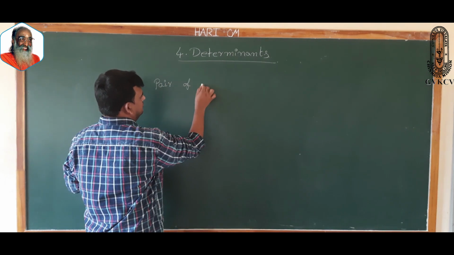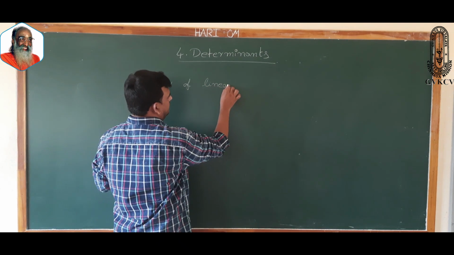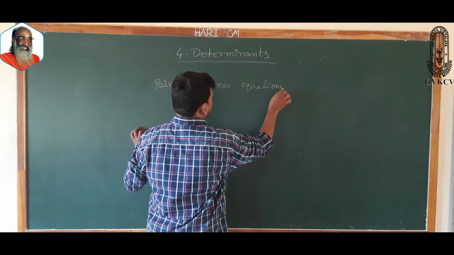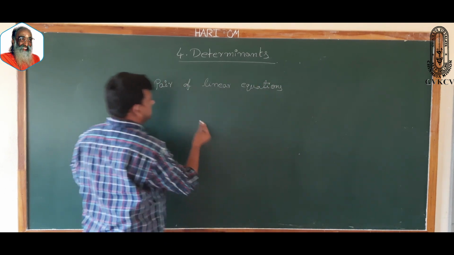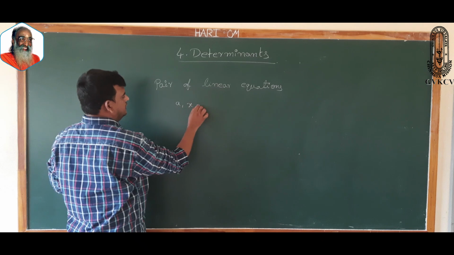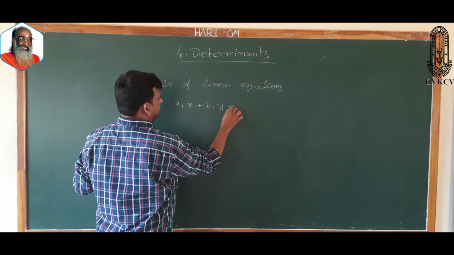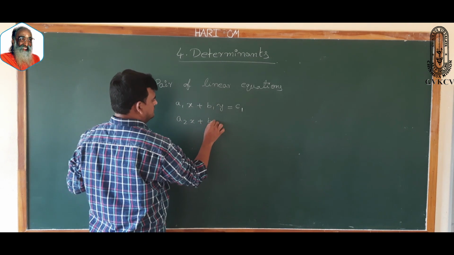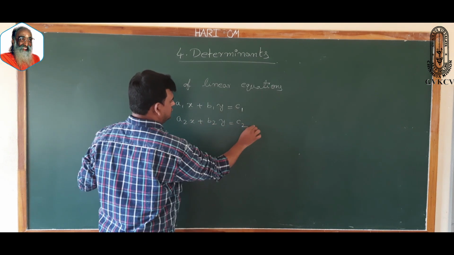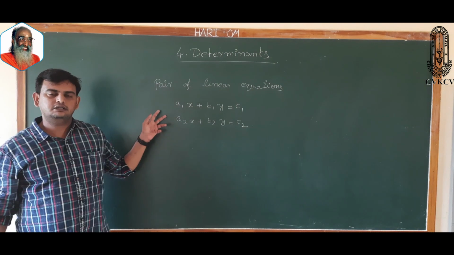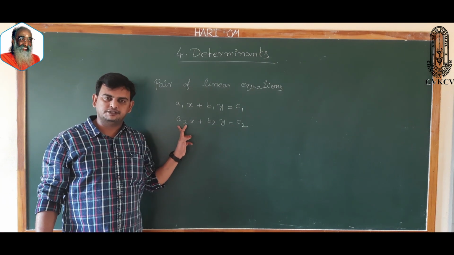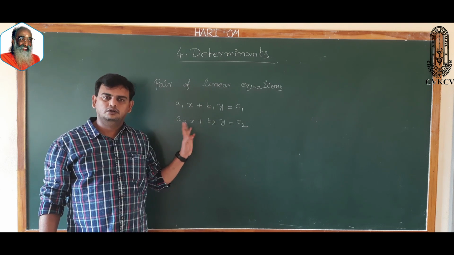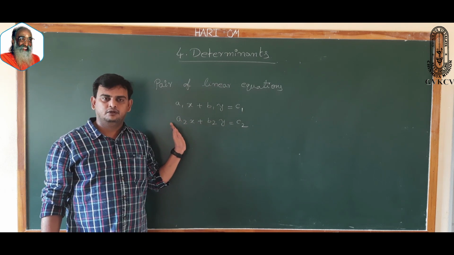Solving a pair of linear equations, for example, when we have a1x plus b1y is equal to c1, a2x plus b2y is equal to c2. When these are the two linear equations, when we solve them, we have three kinds of solutions.